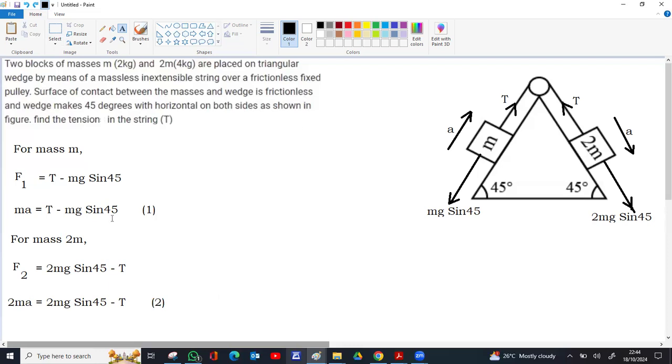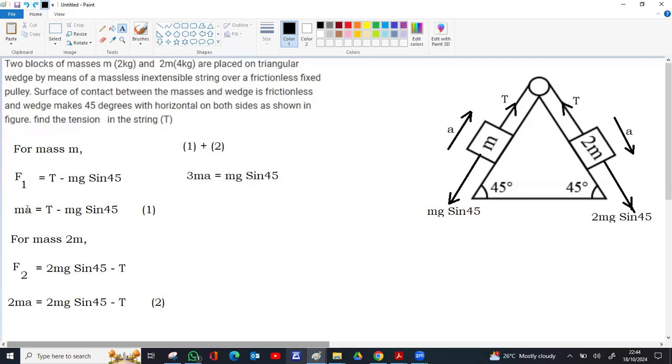Now if you see the equations, on the right-hand side of the first we have T minus mg sin 45. In the second, the right-hand side is 2 mg sin 45 minus T. Since plus T and minus T are there on the right side, if you add equations 1 and 2, the T and minus T get cancelled.